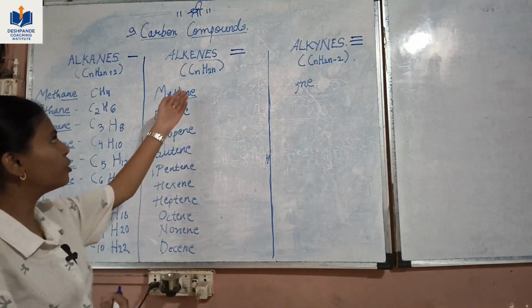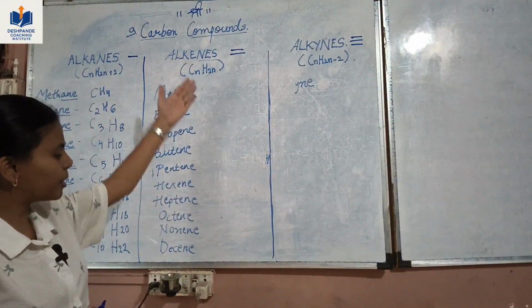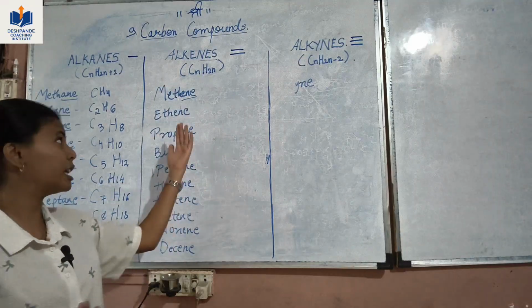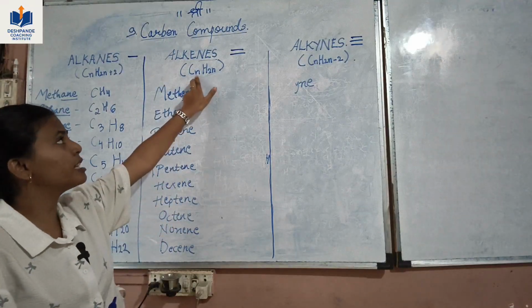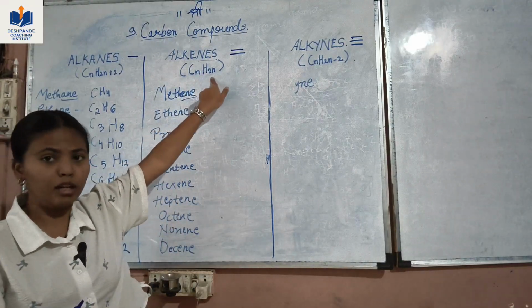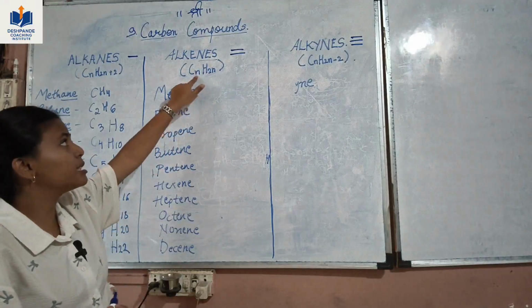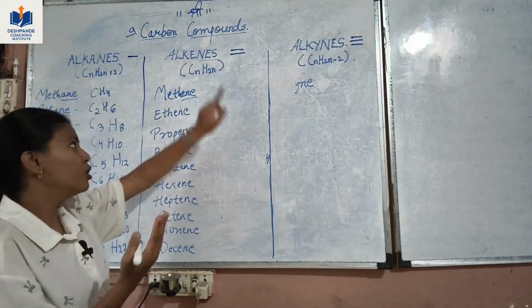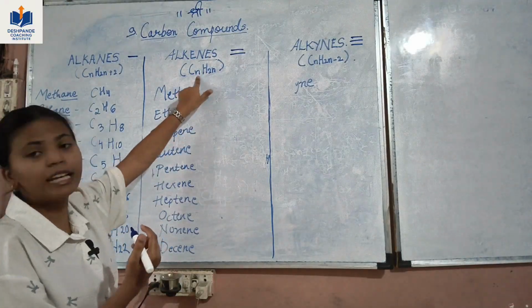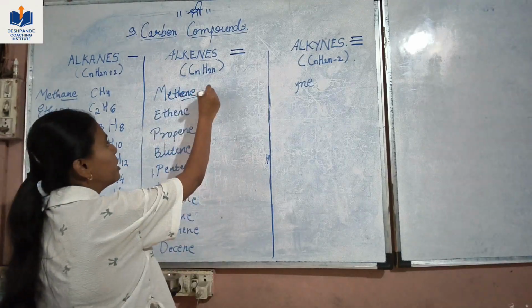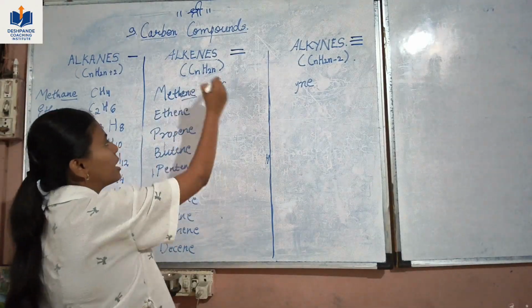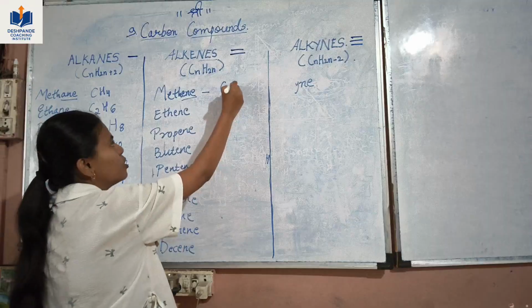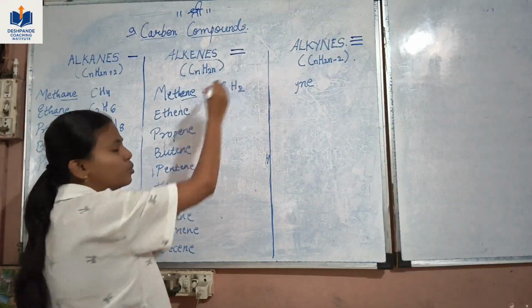Okay, got it. So we'll write the chemical formula for all the members of the alkene family now. So what is the formula? CnH2n. So the number of carbon atoms is n and H is 2n, the double. So the first member, if we put n equal to 1, what will be its chemical formula? C1 and H2. So CH2.